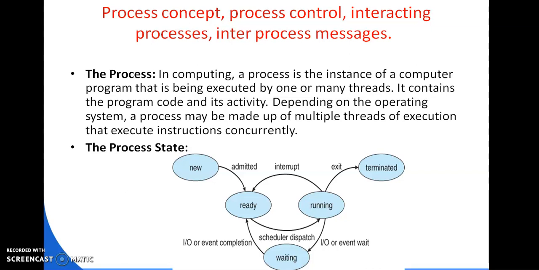Depending on the operating system, a process may be made up of multiple threads of execution that execute instructions concurrently. That means a process is somewhat interchangeable with a task or a job.